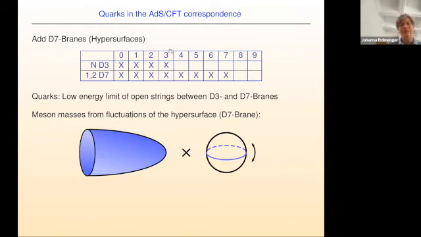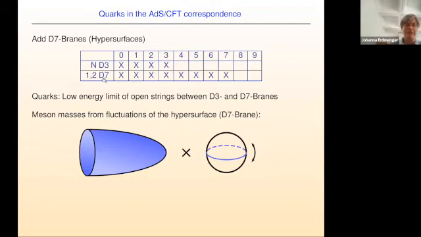Here in this table, you see the time direction and our 9 space directions. Before, we had N D3 branes, and as I mentioned many times, this N has to be infinite. These fill the time direction and 3 of the space directions. It can be shown, in a paper which I wrote in 2004, that you can get those quark degrees of freedom if you put a small number of D7 branes.